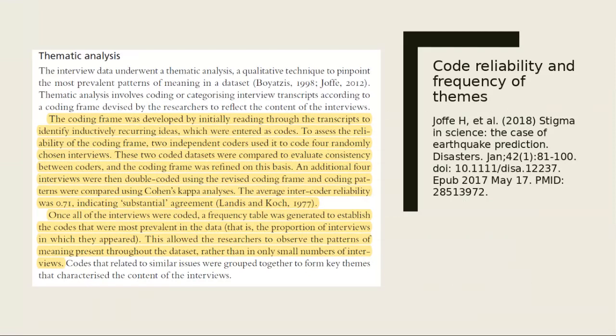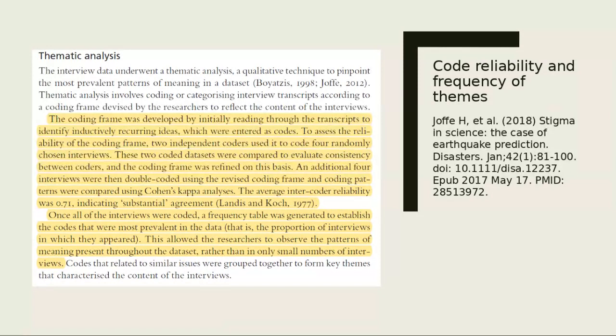And I have here a more recent article from Joffe and colleagues on stigma in science, the case of earthquake prediction. And they are explaining, in the data analysis section of the paper, code reliability and frequency of themes.